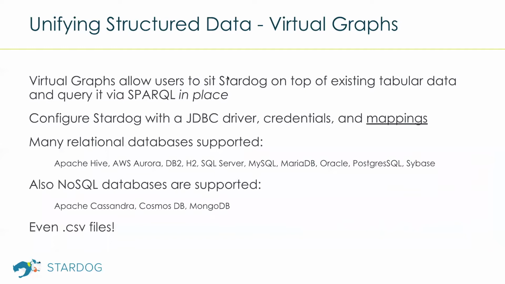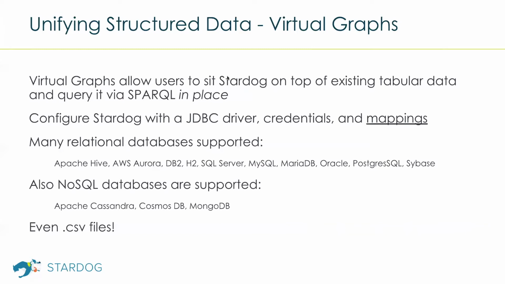So the next thing I want to talk about is virtual graphs. You've probably heard me mention that a decent number of times, just yesterday and even today a little bit. What virtual graphs do is let you sit Stardog on top of existing data and query it in place via SPARQL. So you're not taking your Oracle database and exporting it and importing it into Stardog to query from it.